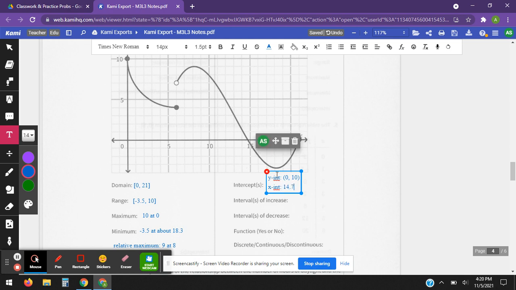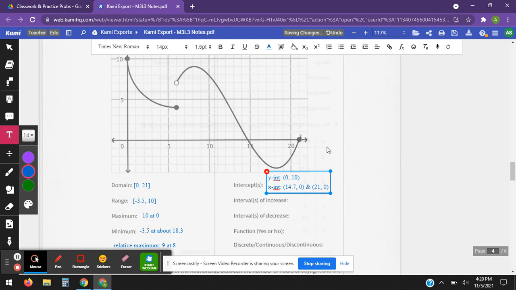It's about 14.7, comma 0. And the other one is right over here at 21, comma 0. So if you have more than one x-intercept, you have to note it.